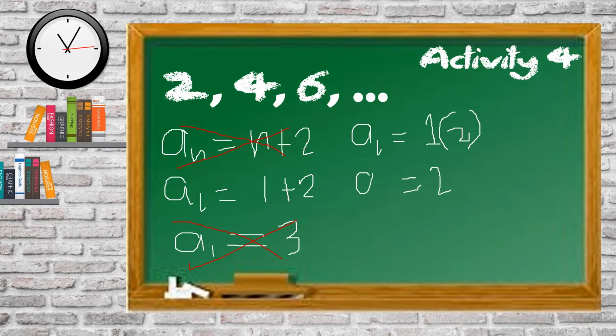Therefore, ano ba yung rule dyan or yung general form? A sub n equals, di ba, etong kanina, itong 1 na yan, yan yung n or yung number of terms. Therefore, we have n times 2. Or, the formula is a sub n equals 2n. Tama yan sa first term.